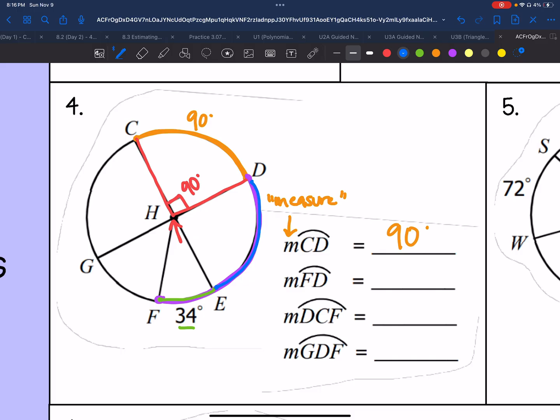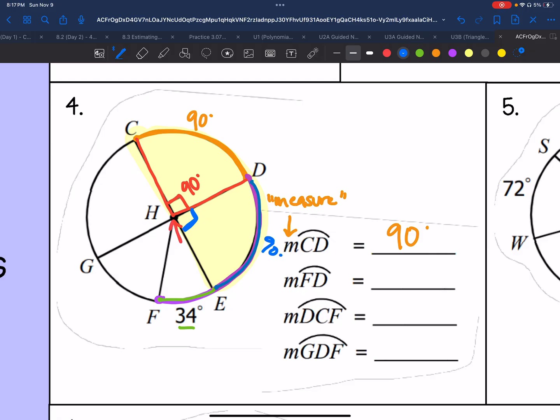Well, notice here that if we look at what we just found, that 90 degrees, and that blue arc that we're looking for, this is half of our circle. So if that orange arc is 90 degrees, then our blue arc is also 90 degrees. We also can see that this is creating a right angle.